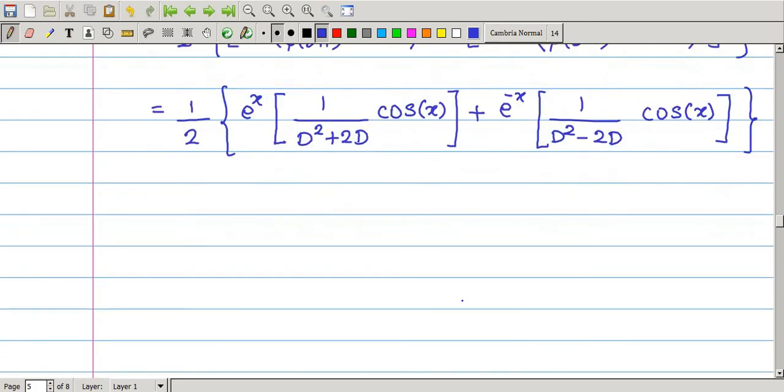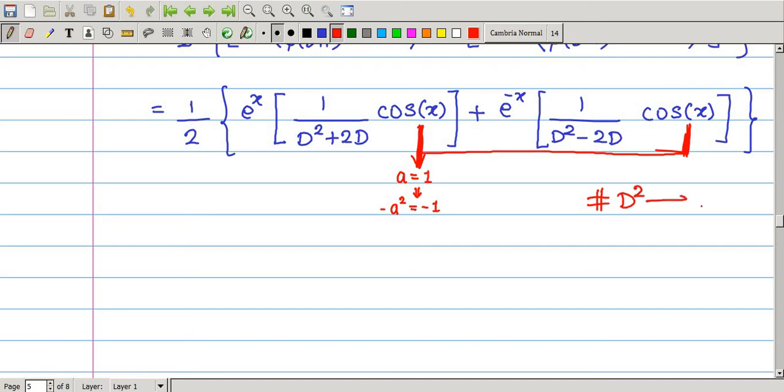So again, for the trigonometric function, the shortcut method formula is, replace d square in the auxiliary equation by minus a square. Here the value of a is equal to 1. So we replace d square by minus a square, that is nothing but minus 1, and the same case is applicable for the second bracket as well. So we have to replace d square by minus 1.